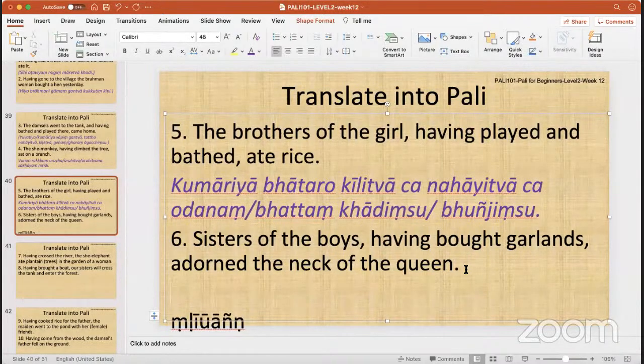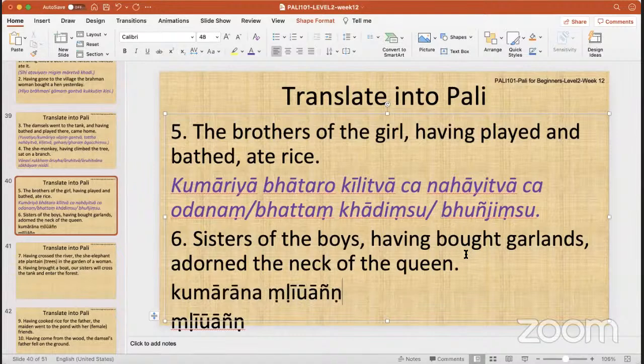So Kumaranang Bhaginio, sisters, having bought garlands.